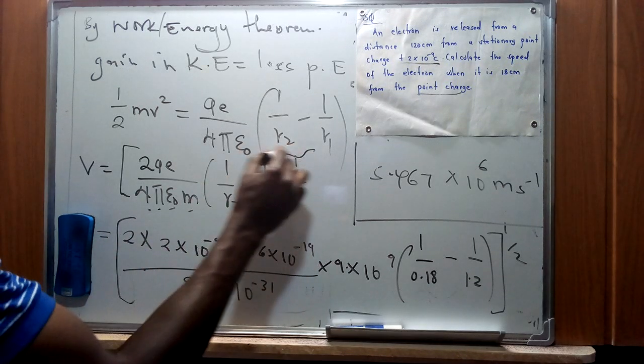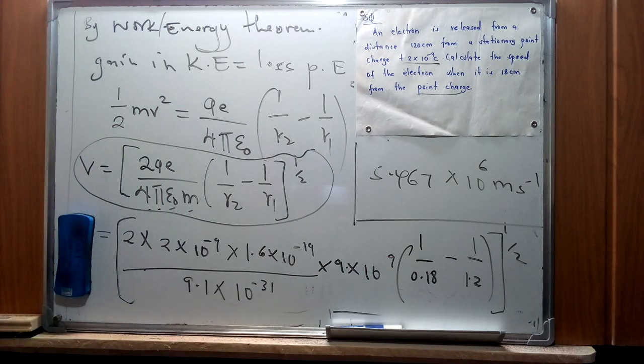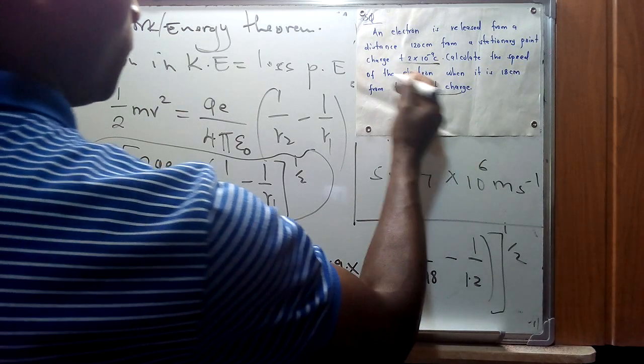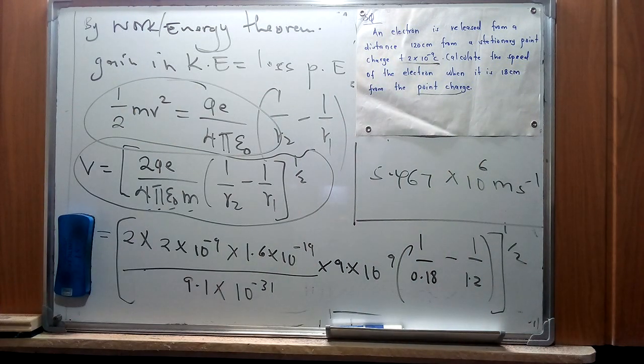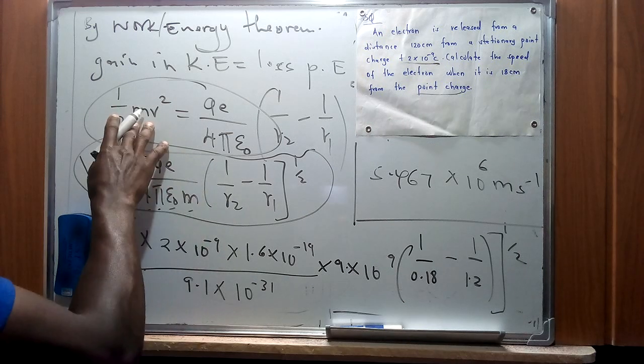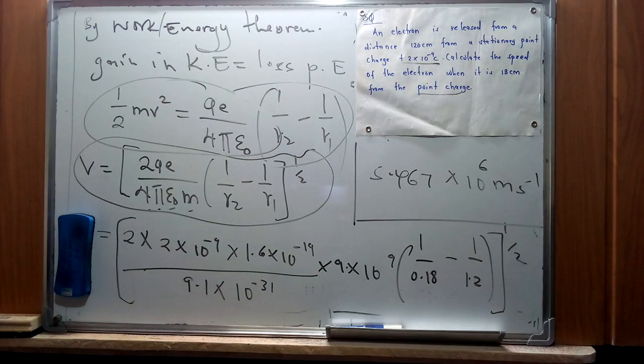But in essence, at this point, this is the formula for finding the speed of this specific particle that we are talking about. So therefore, we can use the work energy theorem to ascertain this relationship. So basically, it entails all of this in order to find the relationship that we have been asked.